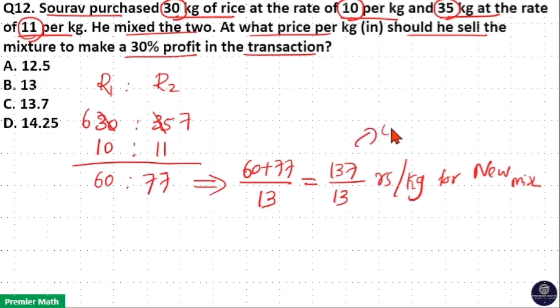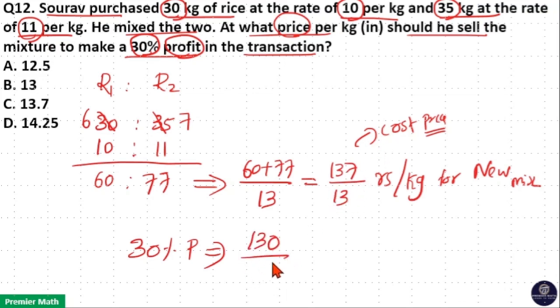This is the cost price of the new mixture. Now we need the 30% profit price, that is, the price per kilogram for 30% profit. So to get 30% profit, we need to take 130% of the cost price, that is 130% of 137 by 13. 13 and 13 cancel, 0 and 0 cancel.